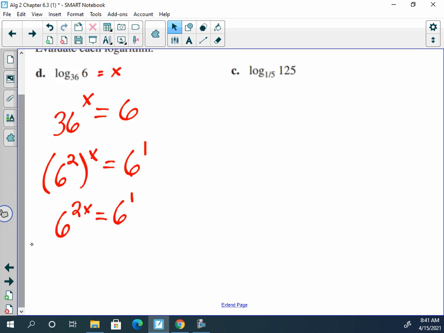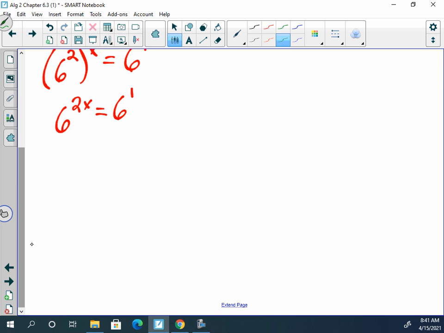We call this 1 to 1, one base to one base. They are the exact same, yes? So if these are going to be equal, what has to be the same? The exponent. So we can say 2x is equal to 1. This is the 1 to 1 property.